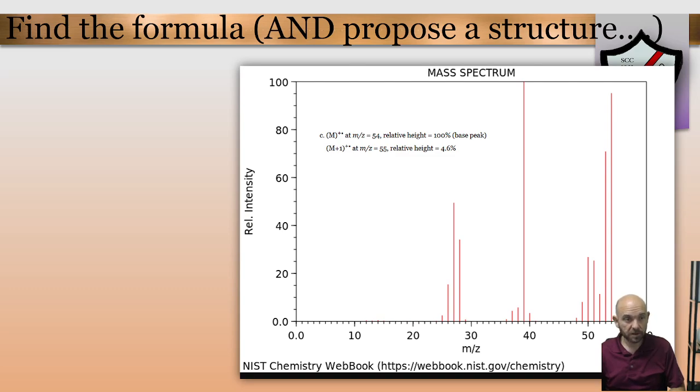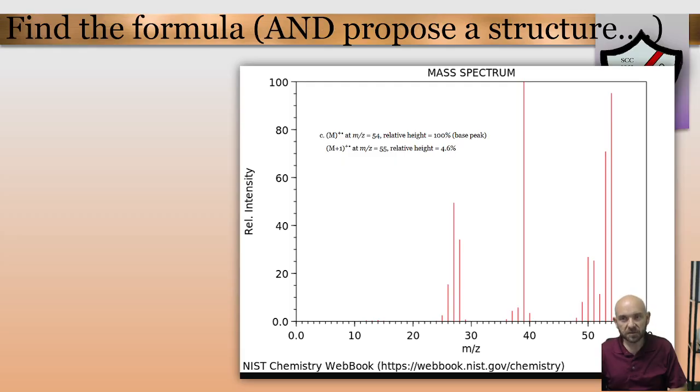And the M plus 1 peak, the molecular ion plus 1 peak, which results from a molecular ion having one of its carbons replaced with a carbon 13, has a mass of 55, and it has a relative height of 4.6%. So in simple molecules, to figure out how many carbons are present, we can compare those two numbers. We can figure out how much, by comparison, our molecular ions have a carbon 13 replaced.